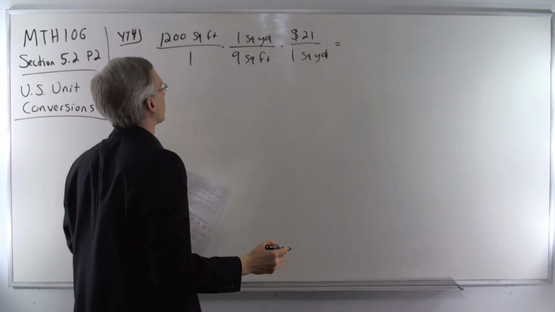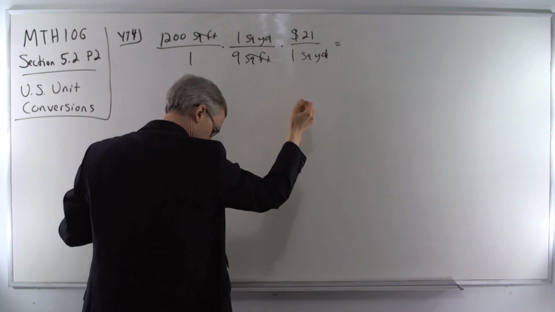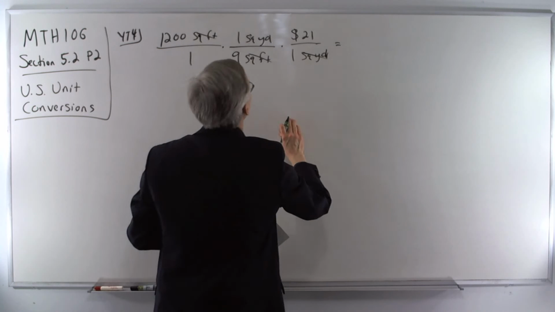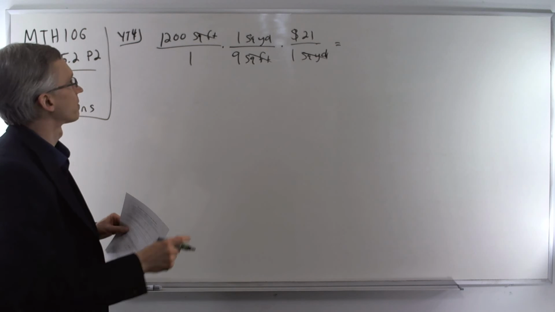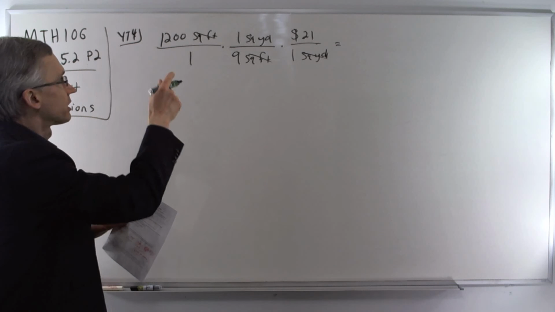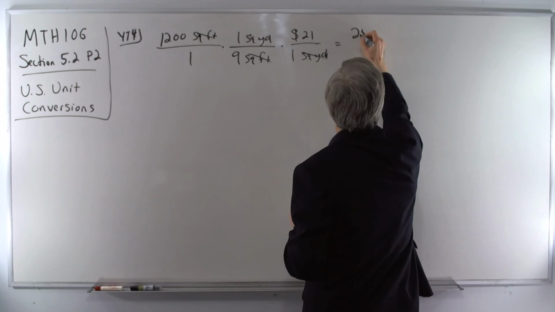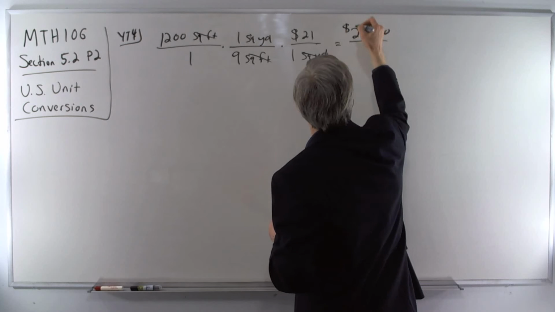Okay, let's make sure all our units cancel. Square feet, square yards, square yards. And we're left with dollars. That's exactly what we're looking for. Now we can multiply straight across. 1,200 times 21. That gives us 25,200 dollars.